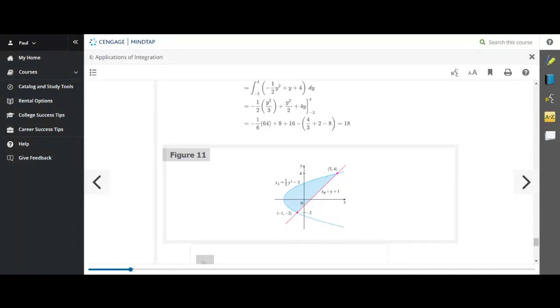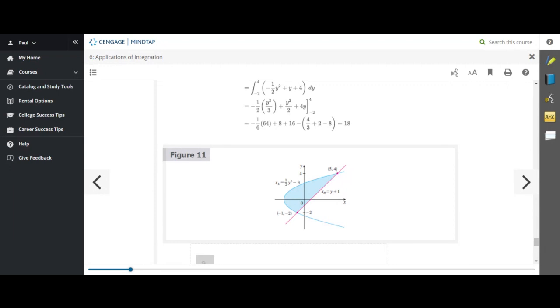There's that function on the right that bounds the area, x sub r equals y plus 1, and the function on the left that bounds the area is x sub l equals a half times y squared minus 3. Function on the right, function on the left.